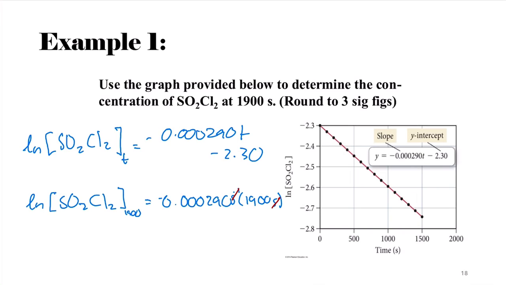You can also realize that this is a straight line for the plot of the natural logarithm of SO2Cl2 versus time. That tells you it's what order reaction? If it's ln[SO2Cl2] versus time, and it's a straight line, what does it tell you? First order reaction, right?